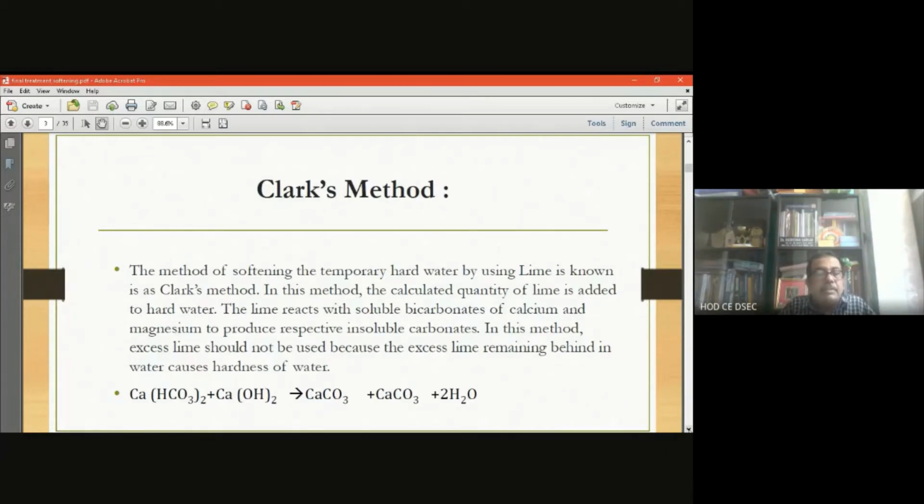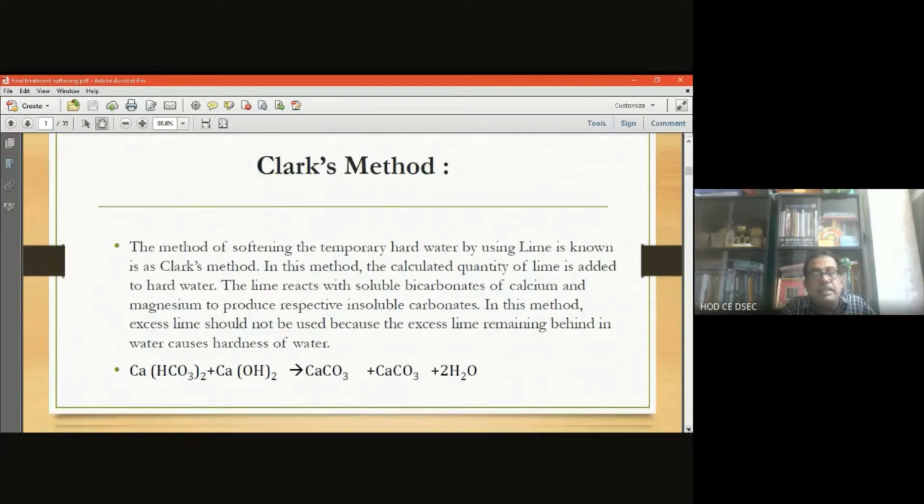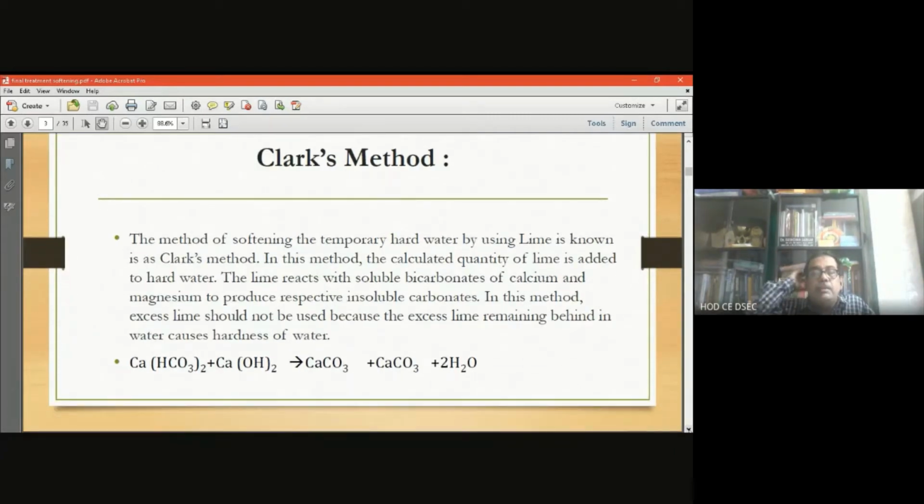Calcium hydroxide reacts with the calcium bicarbonate, a chemical process. It will be converted into calcium carbonate and water: 2 CaCO3 plus 2 H2O. So calcium carbonate, the insoluble, will be precipitated and H2O will be formed. Thus in this method the insoluble carbonates can be precipitated and the water becomes soft. That means the soluble ions can be separated.